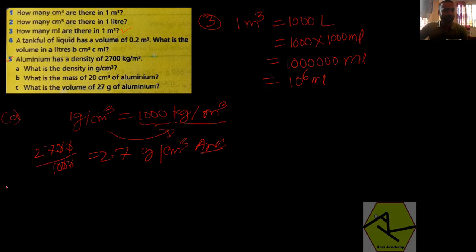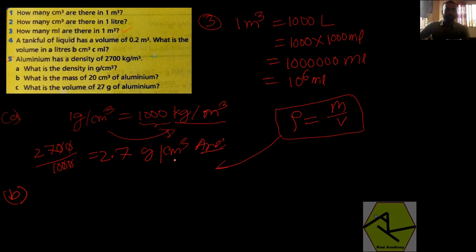Number B. What is the mass of 20 cubic centimeter of aluminium? So from the equation rho equals m divided by V, we can rearrange it to find the mass.